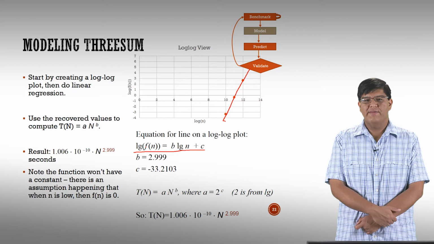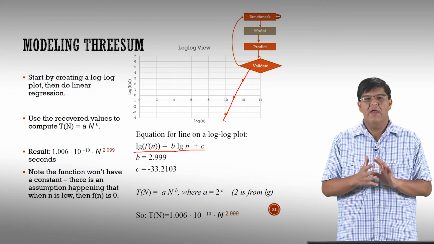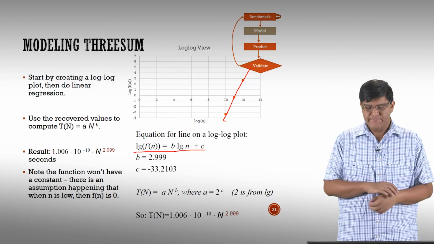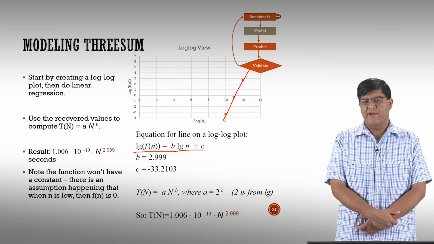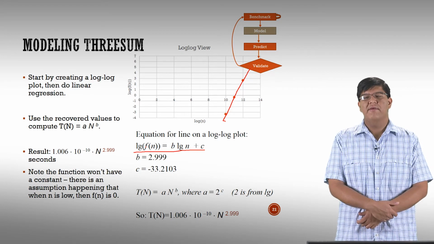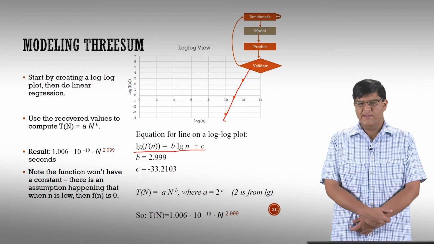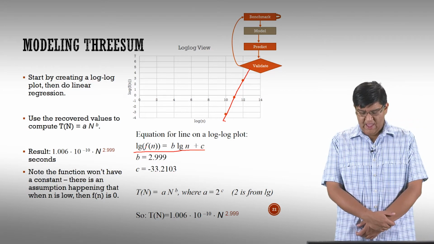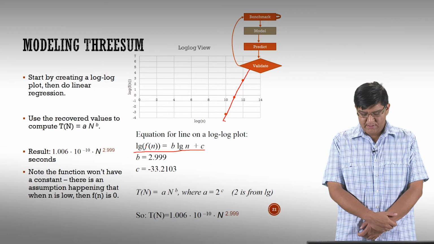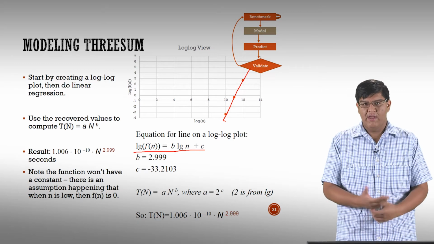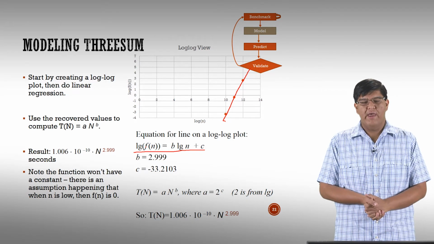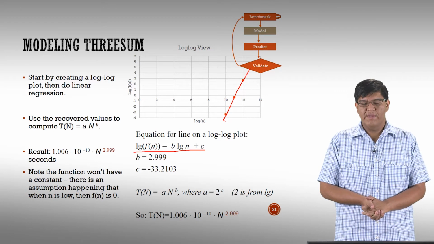Our logs are forcing our data to look like a line and give us a simpler form, rather than some polynomial that has coefficients and powers, etc. Just make it look like a simple line. And so if we have this log-log plot, I'm looking at a line, so a line has a slope and an intercept, this b and c value.